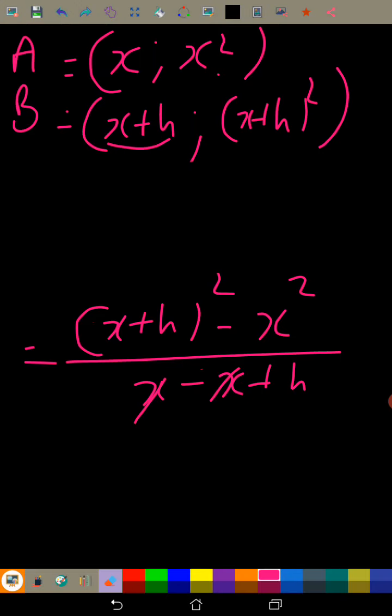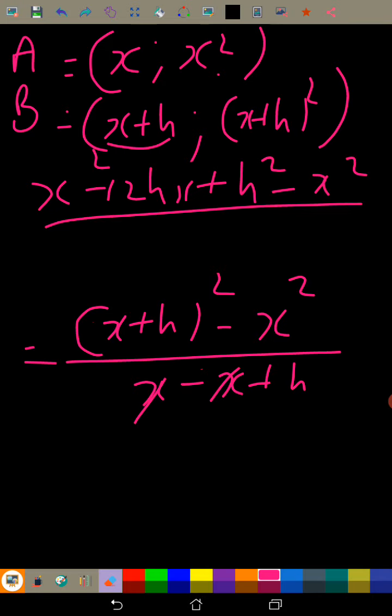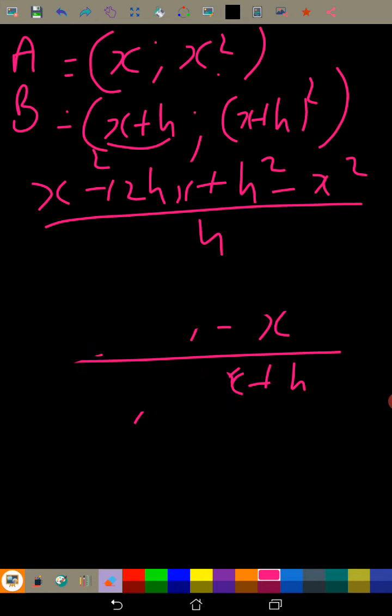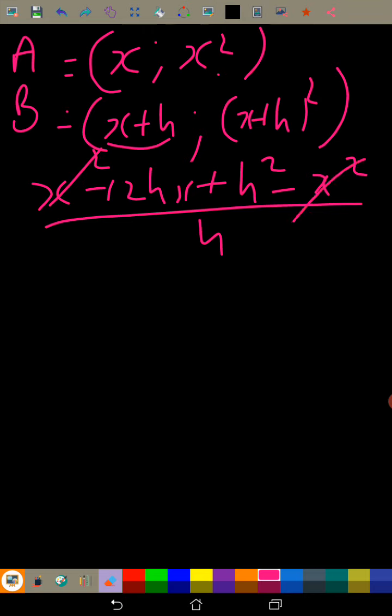So let me now rewrite it. We have x squared plus 2hx plus h squared minus x squared, divided by h. This is the gradient, and we're going to simplify it, and you're going to come to a conclusion. So x squared will cancel with x squared, and we have h here. We can put it out.